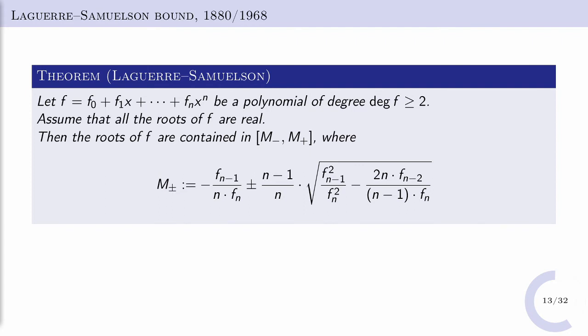If we know a priori that all the roots of a polynomial are real, we have a very strong assumption about the polynomial, and we can get a very strong result about this polynomial. So we get the upper and lower bound, because m minus is a lower bound and m plus is an upper bound. We get the lower and upper bound for the roots of this polynomial, but under this special assumption.